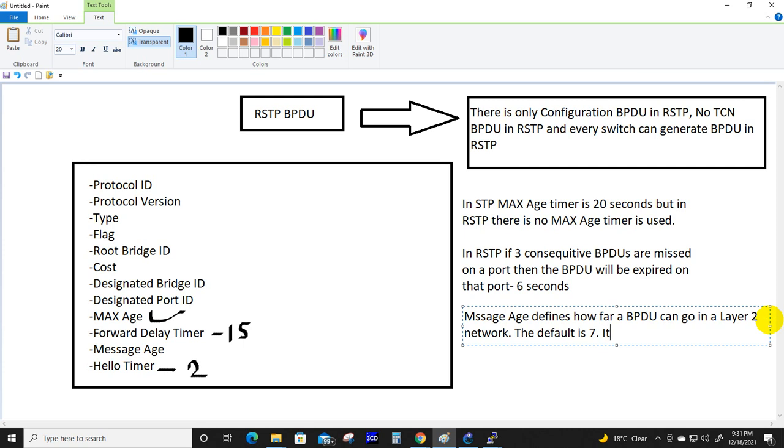It is decremented by 1 in every switch, and when it becomes 0, it is discarded.